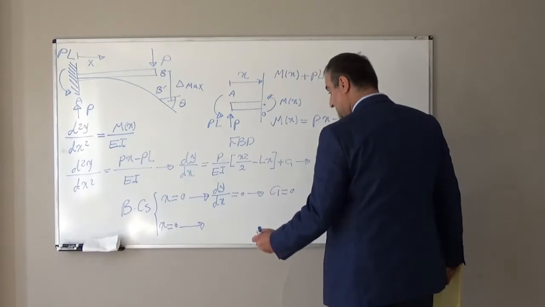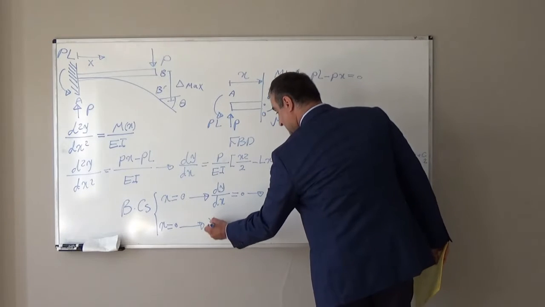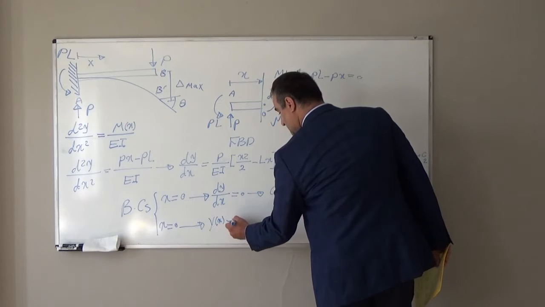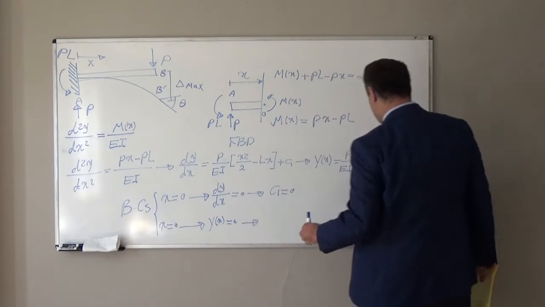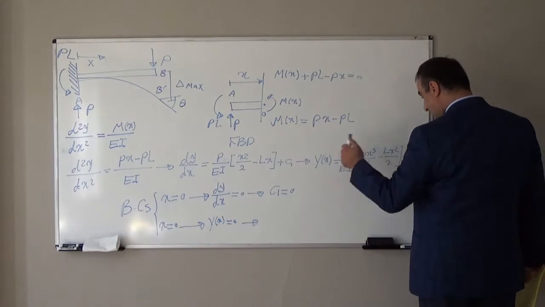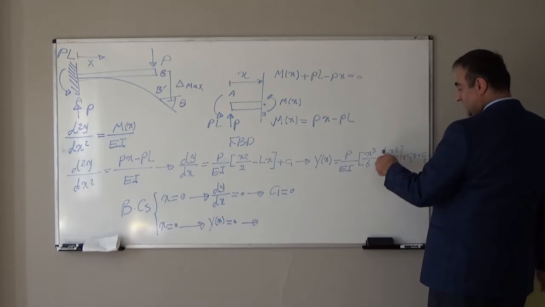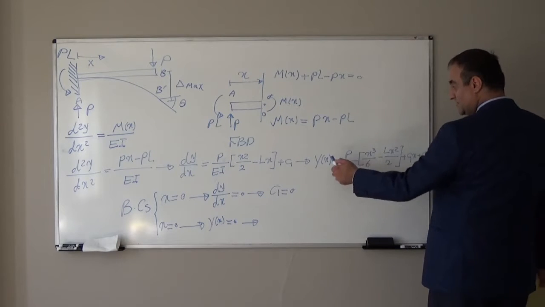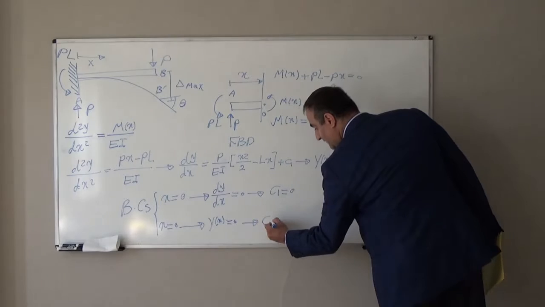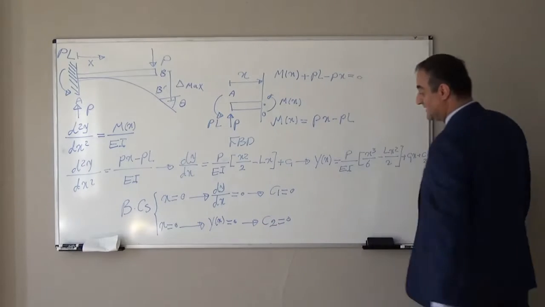So I can write y at x equal to 0 is 0. If I plug in x equal to 0 and y equal to 0, c2 will be equal to 0.